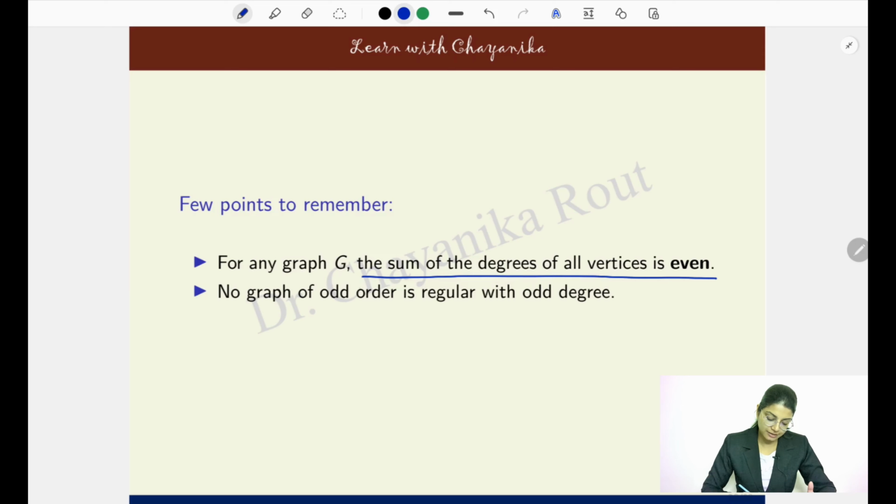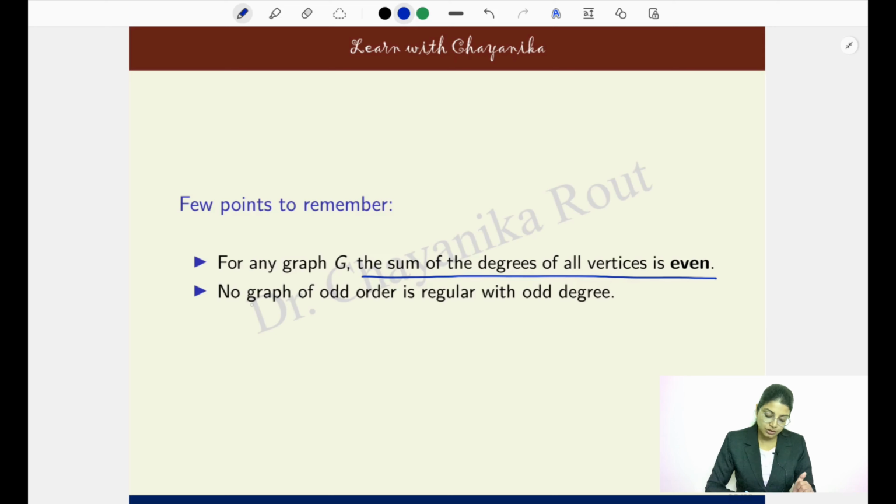The next point is, no graph of odd order can be regular with odd degree. Why? Because in any graph, the number of odd vertices is always even. So, you cannot have an odd number of odd vertices in a graph. So, a graph of odd order, that is where you have an odd number of vertices, can never be regular with odd degree.